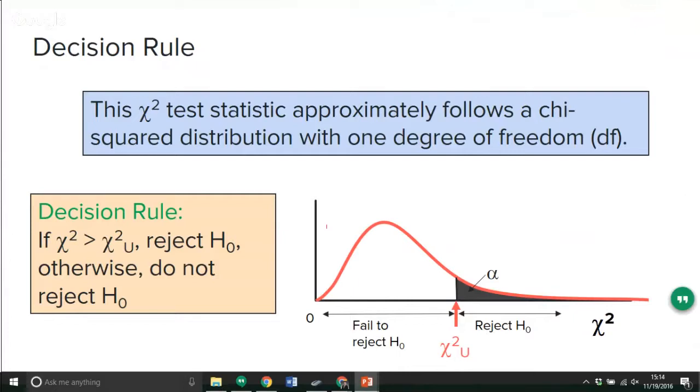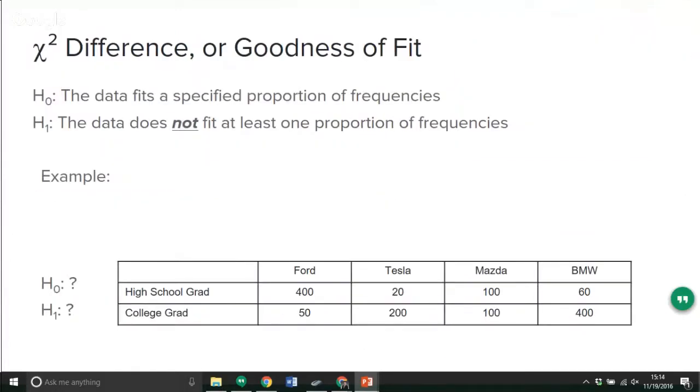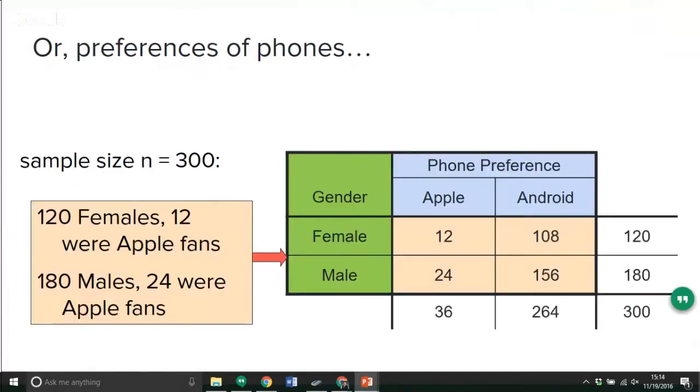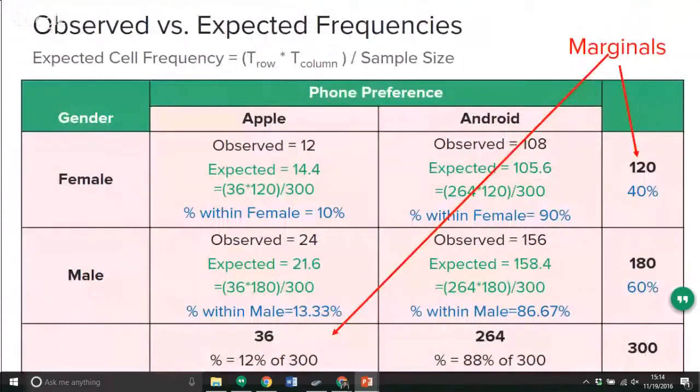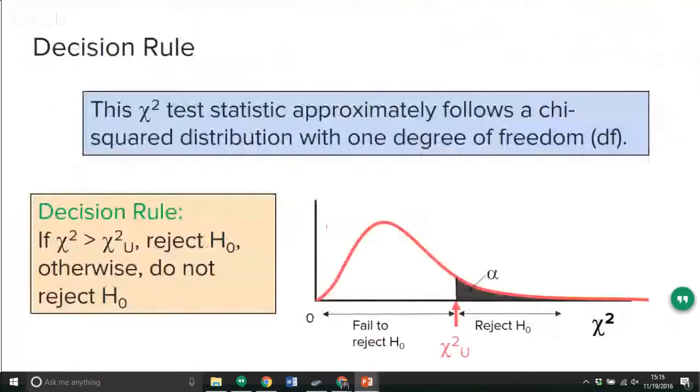Well, we'd have to go back to our hypotheses. It is significant, which means we are supporting the alternate hypothesis, which means that the data does not fit at least one proportion of frequencies. So the expected does not equal the observed in at least one proportion. Okay, we're not necessarily sure which one, but we know that it's at least one of them.